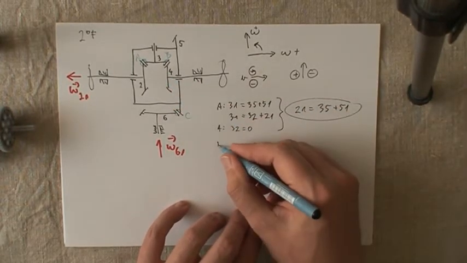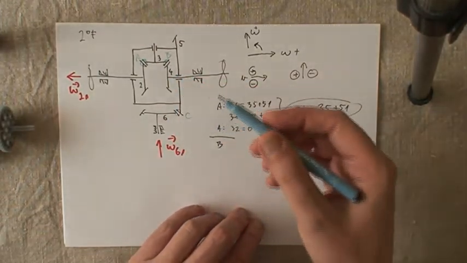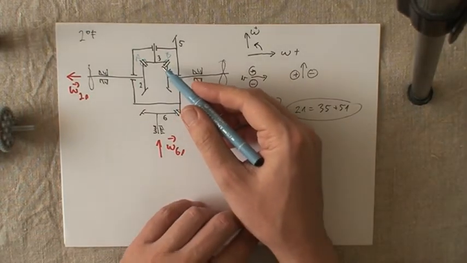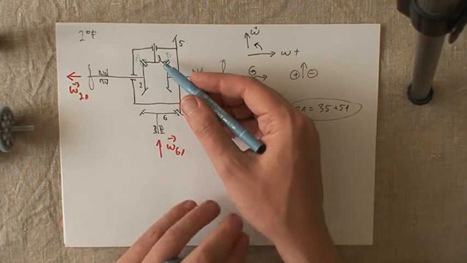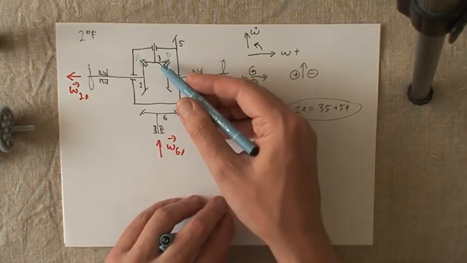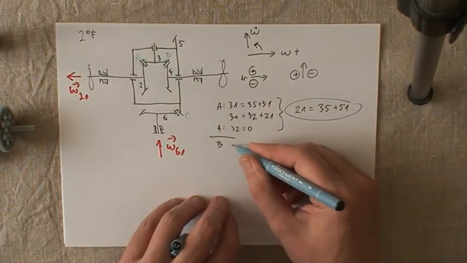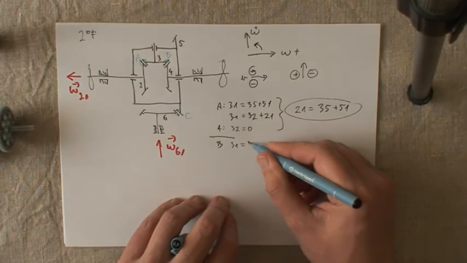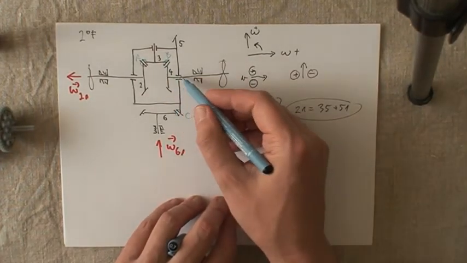In B, again, what body is performing combined motion? It's the body number 3, because it's not connected to the frame through a joint, only through some other bodies. So in B, 3,1 is, and we can go through the carrier, 3,5 plus 5,1, or through the other tooth wheel.